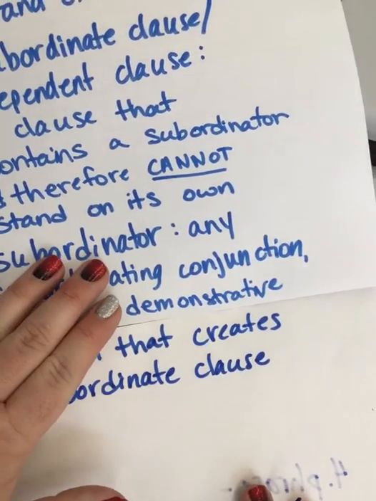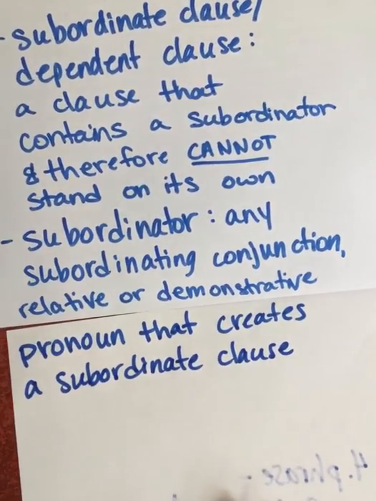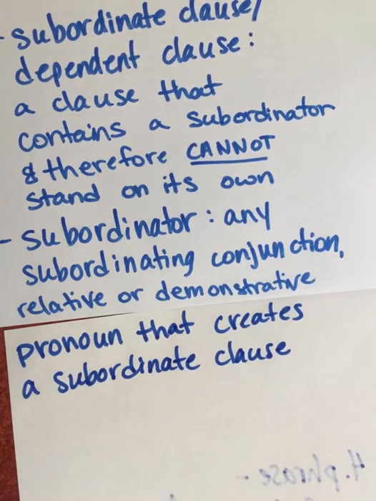Okay, so a subordinator is any subordinating conjunction, relative, or demonstrative pronoun that creates a subordinate clause. And next week, when we get to this part, we're going to talk in more detail about what I mean, okay? But for right now, this is enough information to move ahead.